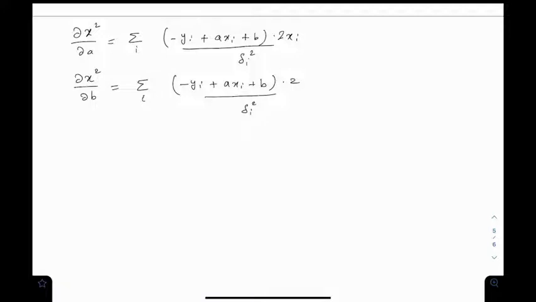And we introduce the following abbreviations. So x bar is the sum over xi by delta i square, over the sum over 1 by delta i square.